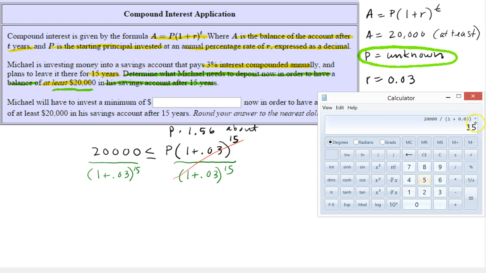And your calculator probably has a caret or an exponent symbol. This one uses this button here. So I'm going to hit equals, and we get this number.